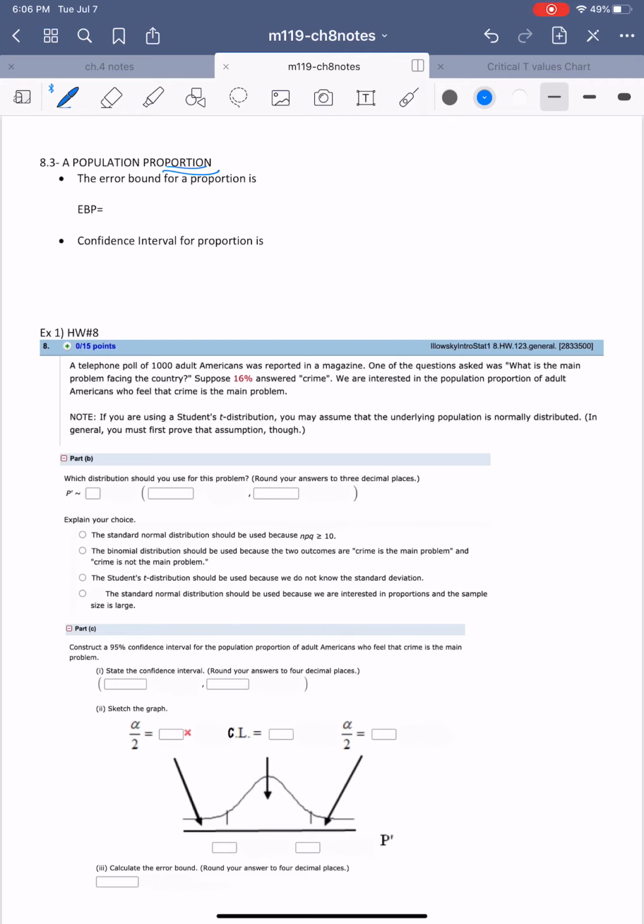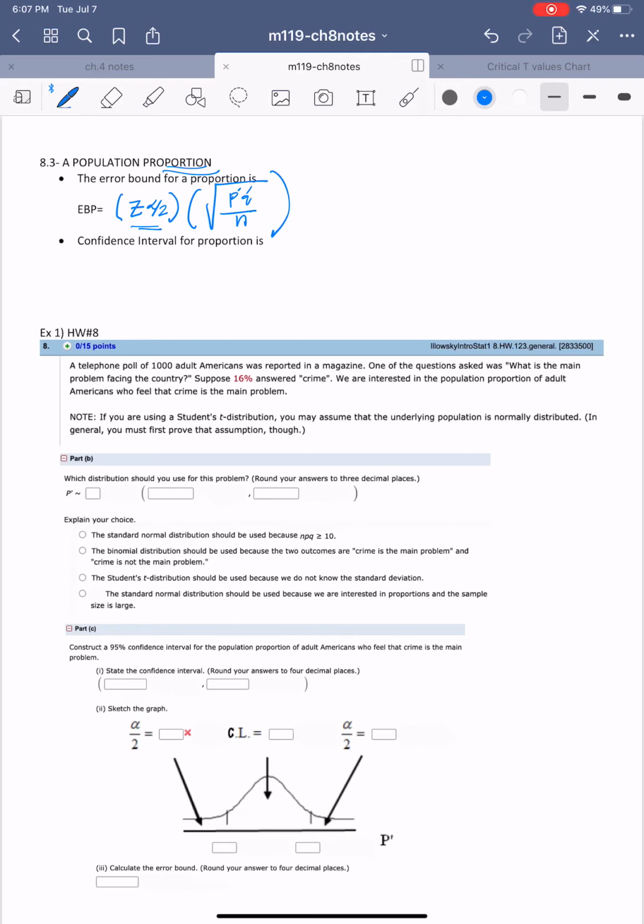So just like we have built confidence intervals using EBM, now we have an error bound for the proportion. That is calculated as z alpha over 2 square root of pq divided by n. Now, you can see that I'm using a critical value z-score, so this is dealing with the normal distribution.